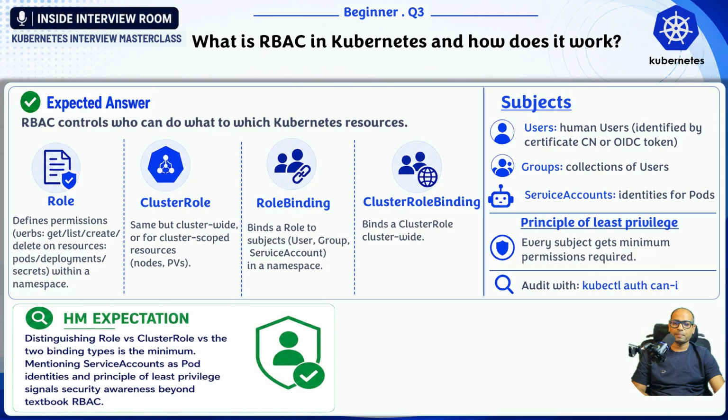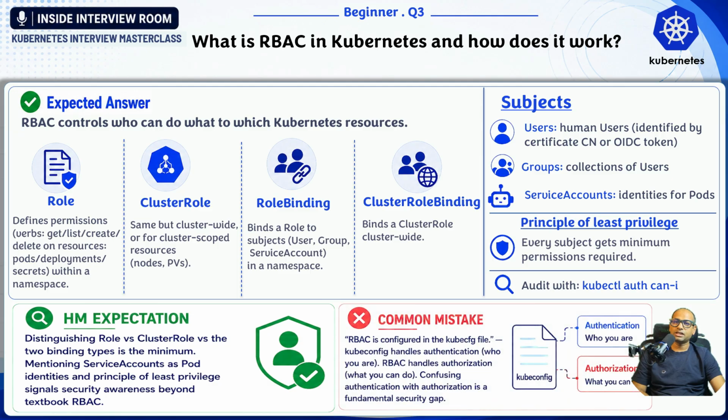What is the expectation by the hiring manager? Distinguishing a Role versus ClusterRole versus the two binding types is the minimum. Mentioning service account as pod identities and the principle of least privilege signals security awareness beyond textbook RBAC.